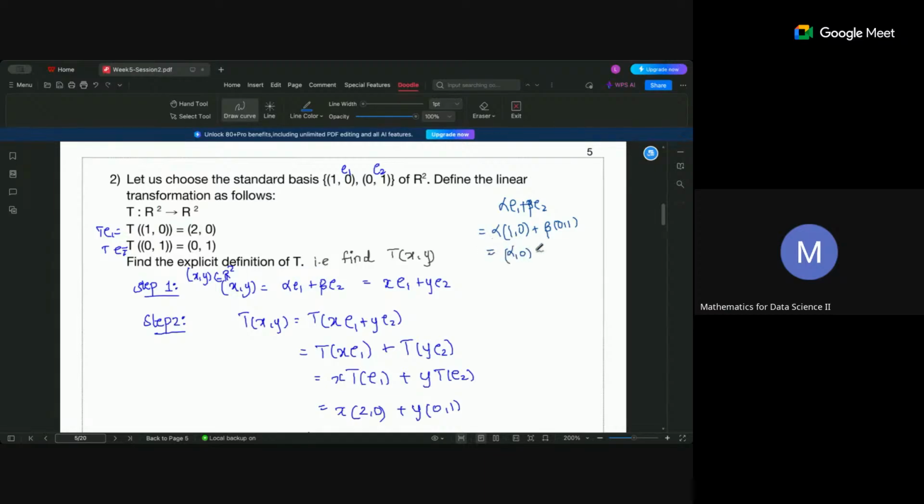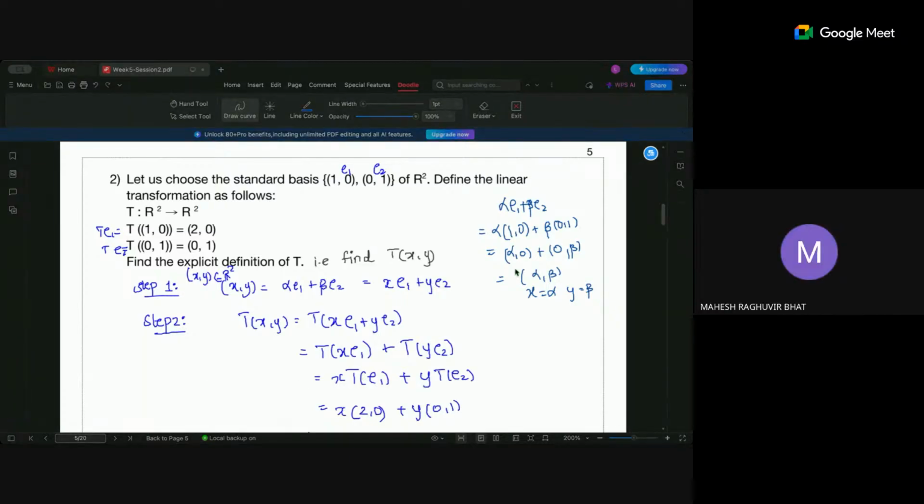Alpha times (1, 0) plus beta times (0, 1), which is (alpha, beta). Now (x, y) is equal to (alpha, beta), which gives you x is equal to alpha, y is equal to beta. That is why I have taken alpha equal to x and beta equal to y. Got it?